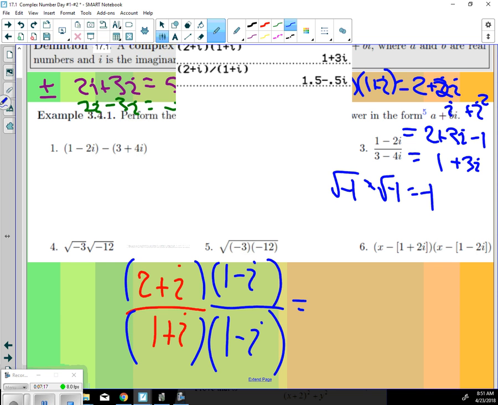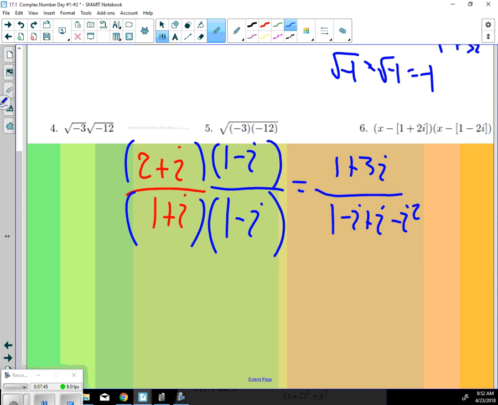Because using my skills that I learned about multiplication, this is going to be 1 times 1 is 1. Negative i plus i. And then it'll be i squared times negative 1 minus i squared. Well, that looks horrible. In the top, we already did that, didn't we? 1 plus 3i. I remember doing that.